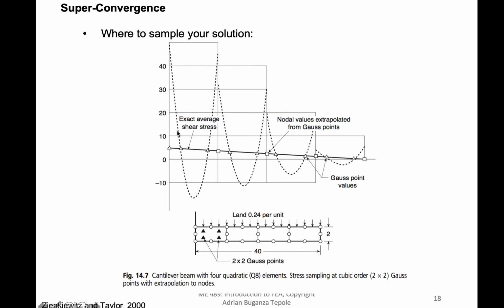The exact average shear stress is this black line. However, your interpolation from the finite element solution is this dashed line. So again, you can see that you can get really huge discrepancies between the solution predicted by the finite element and your exact solution at many places, but there are points where you will actually get the best.